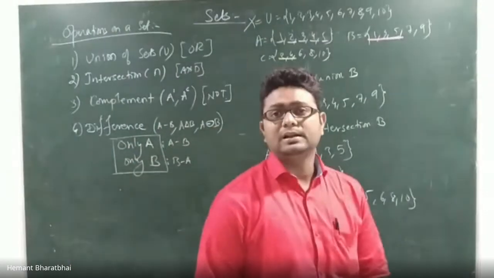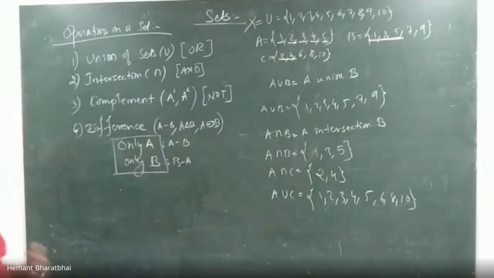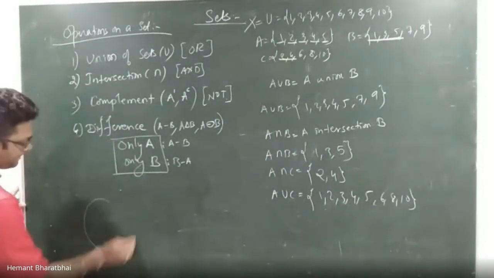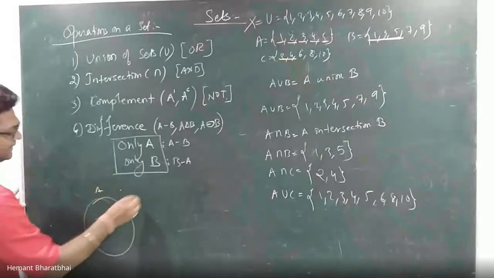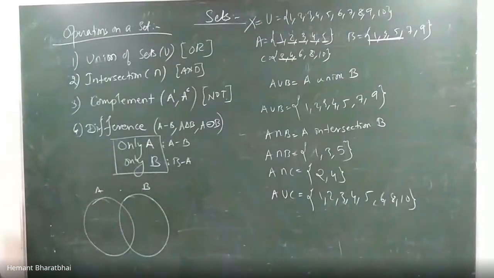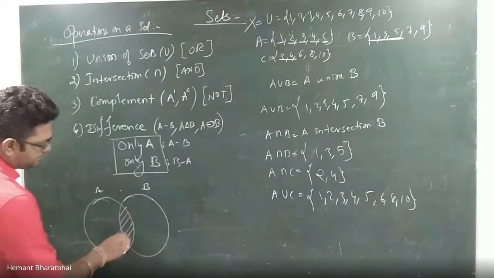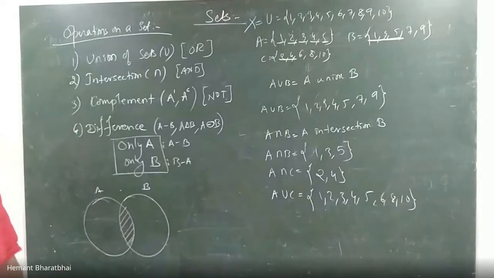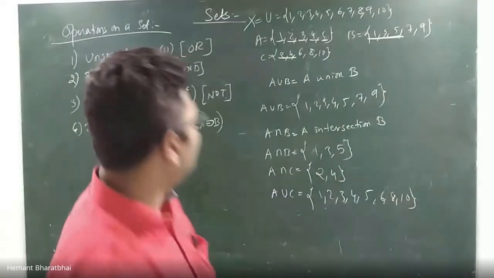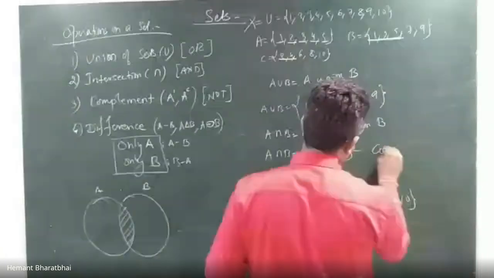Okay, is that clear? Now let's draw the Venn diagram to understand how to draw it. So this is my set A, this is my set B, and if you see, I've done this overlapping. Why have I done this overlapping? Because in set A and set B, I have these common elements.